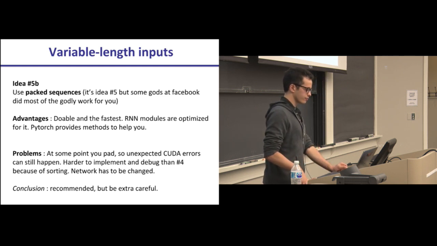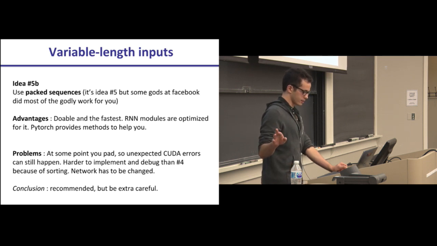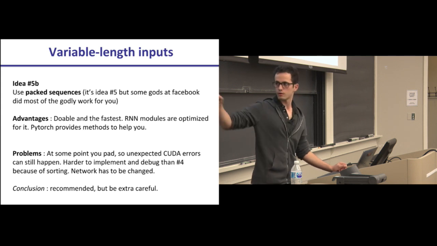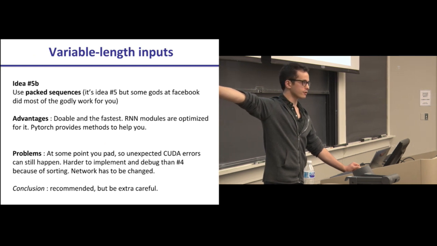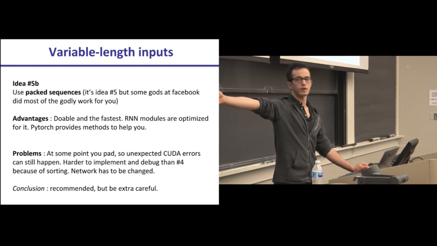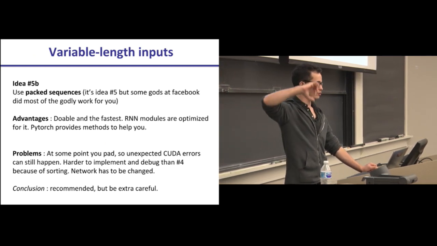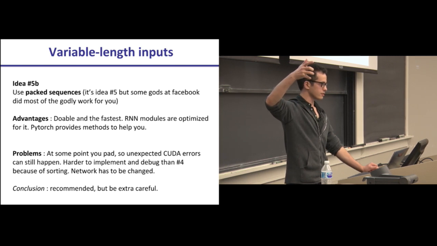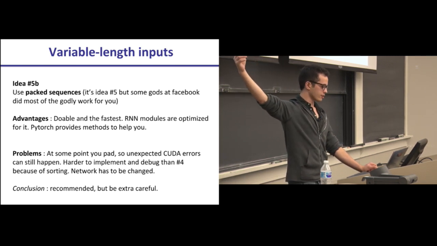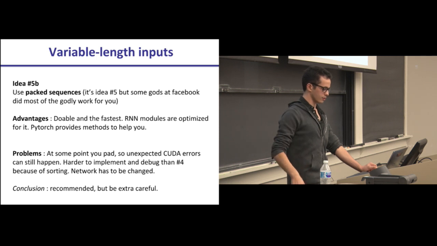The larger problem is that it's not completely easy to do, because you notice that to have rectangles, that's exactly what PyTorch is doing. But to have rectangles, you first have to sort your sequences. You have to have the biggest on top and the shortest at the bottom.